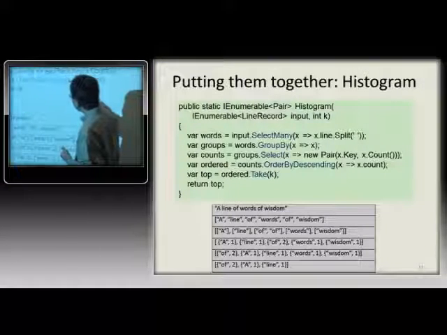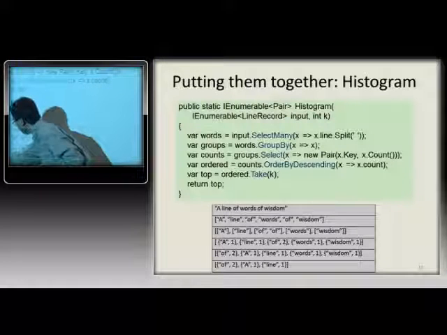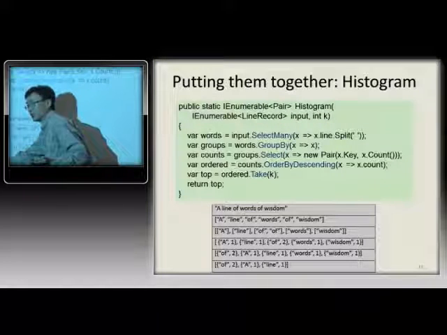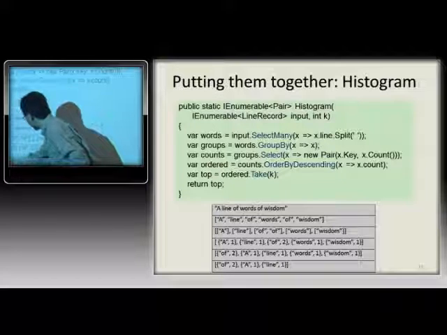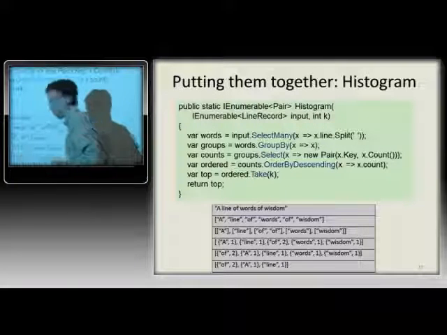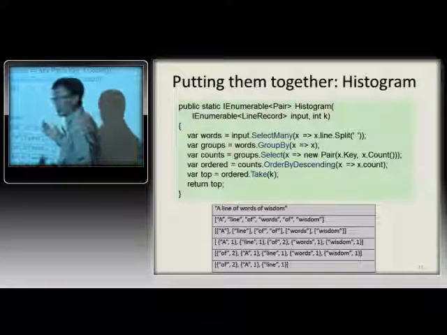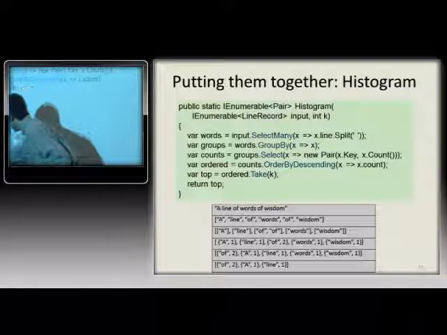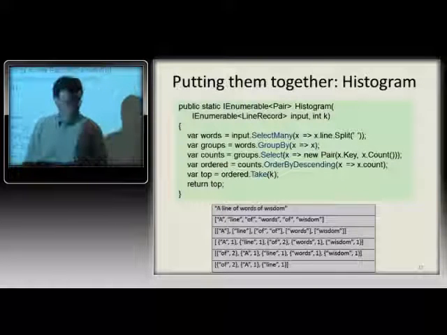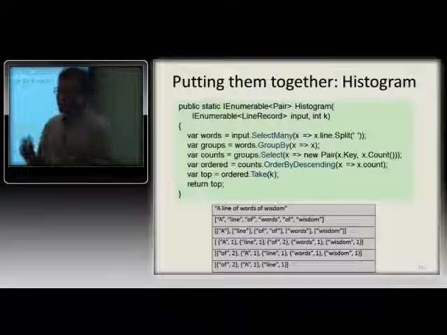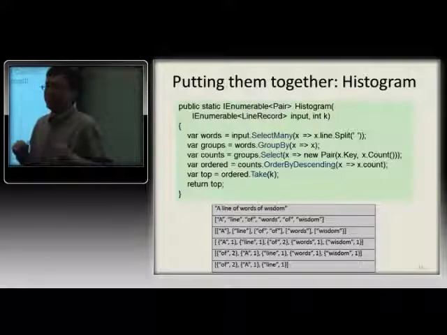Then applying the sorting, we get two occurrences of off, one occurrence of A, and one occurrence of line. If K is 3, the top 3 are off, A, and line. This is the kind of program people actually write.